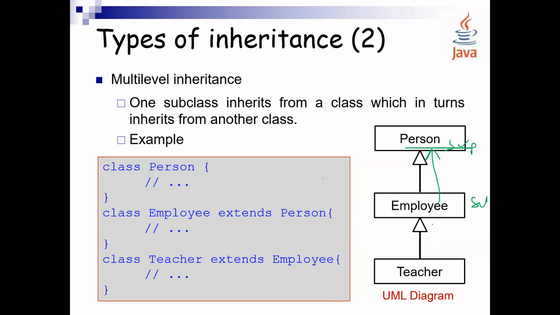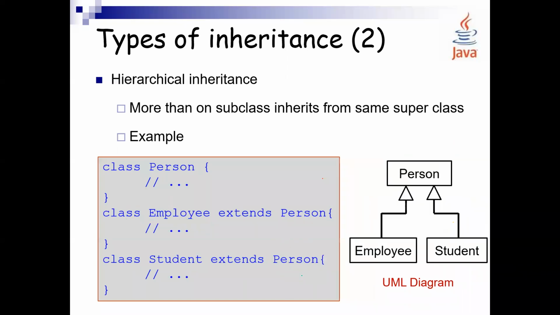But again, this class plays the role of superclass for this class, which is also a subclass. So you can look at the implementation. There is a class Person, then a class Employee extending Person. Then there is a class Teacher extending Employee. This is multi-level inheritance.